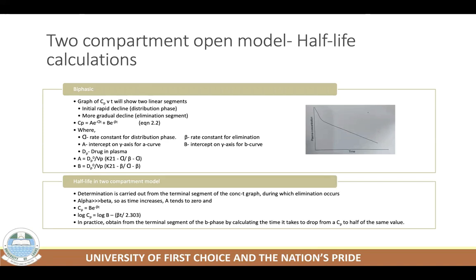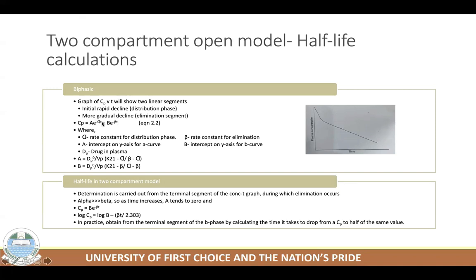Now, we can describe an equation for the concentration of the drug administered into this two-compartment model. The concentration found in plasma at a certain time is equal to A times e raised to the power minus alpha t, plus B times e raised to the power minus beta t.